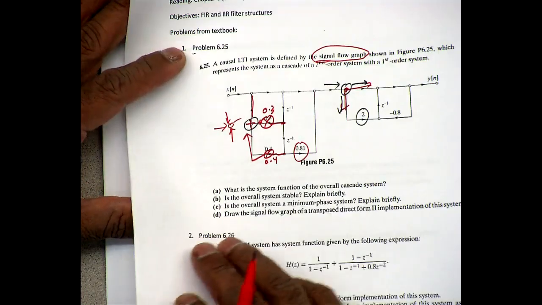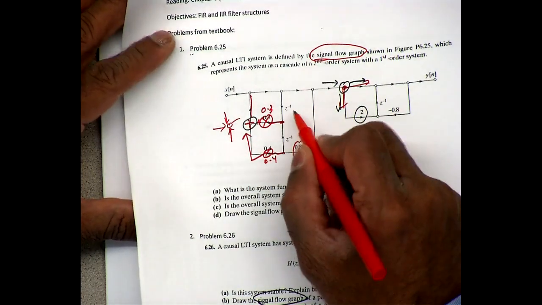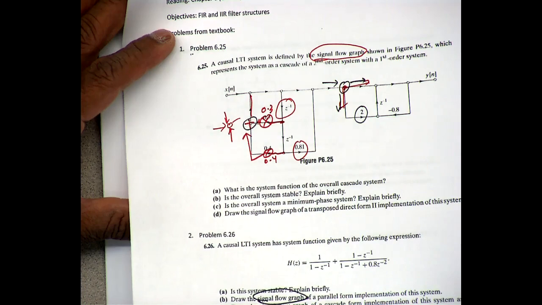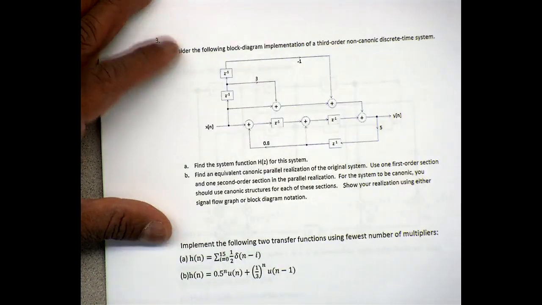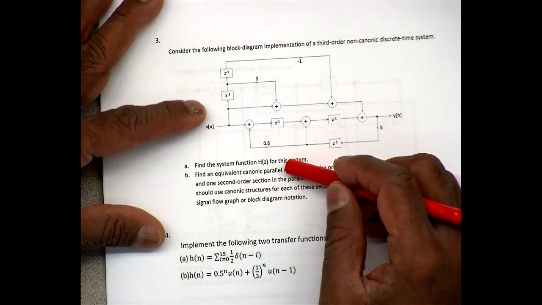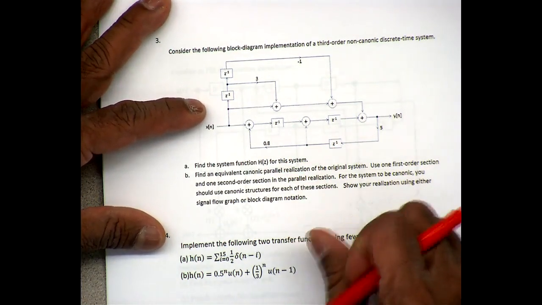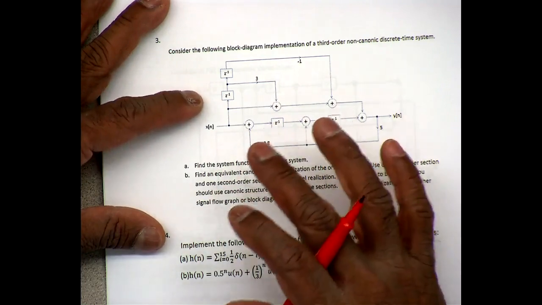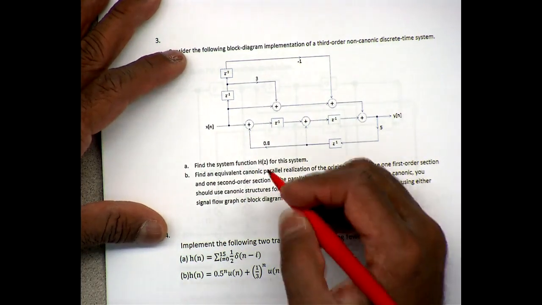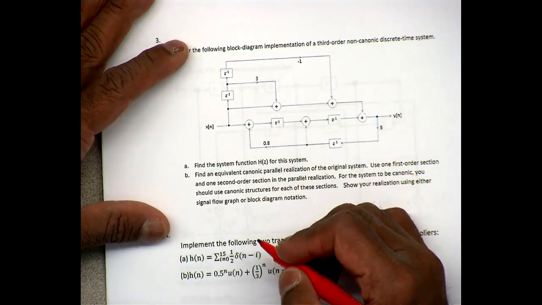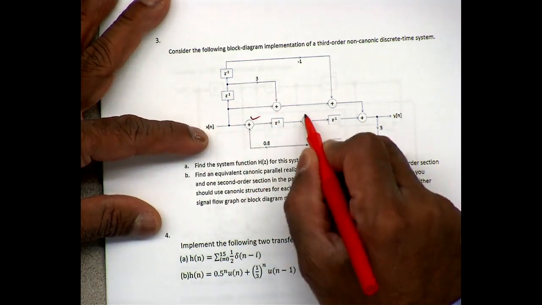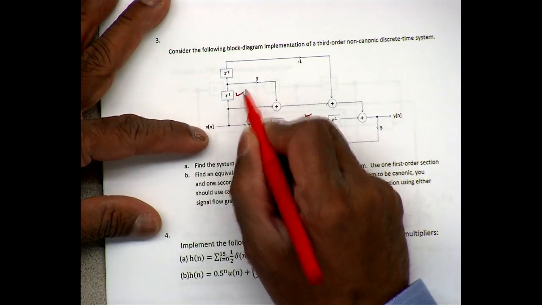By the way, in signal flow graphs, the delay element z to the power minus 1 is essentially showing a delay element. So in a block diagram representation, this is kind of halfway block diagram, halfway signal flow graph, because we see the explicit add nodes and the delay elements.